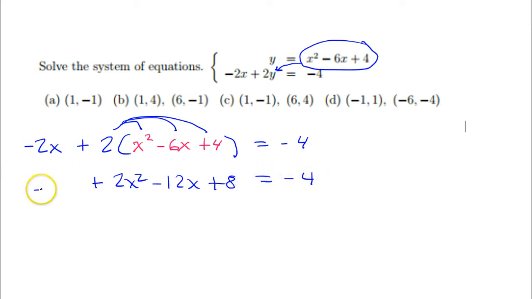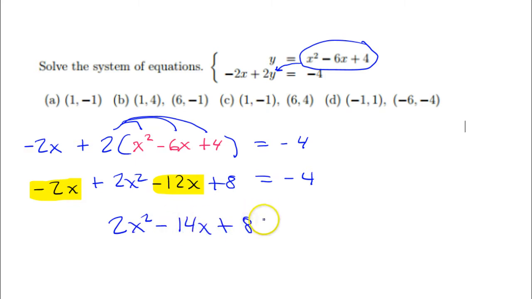And I'm bringing down this negative 2x. Let's combine these like terms right here. Negative 2x and negative 12x, that's negative 14. So now I've got 2x squared minus 14x plus 8 equals negative 4.